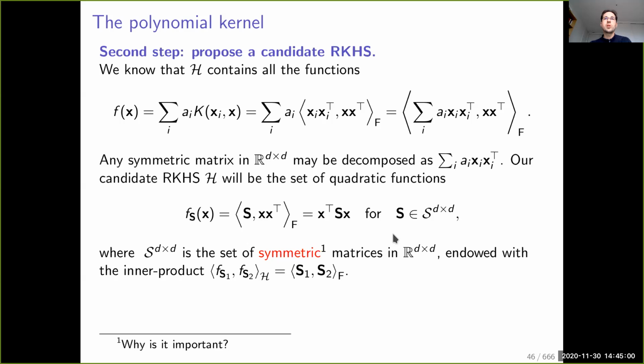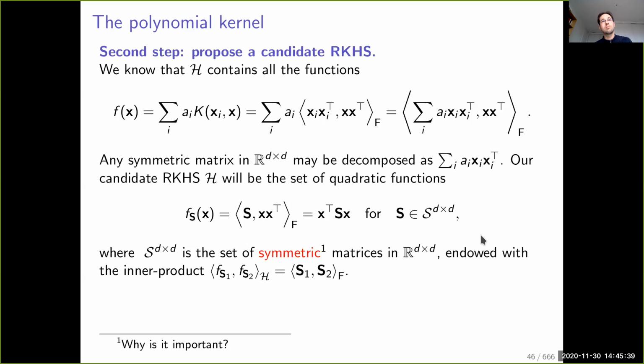So we are going to simply propose some Hilbert space, which is the set of functions of this form parameterized by the set of symmetric matrices. This is indeed a Hilbert space. It's pretty easy to see when you choose the following inner product: if you consider two functions in this set, f_S1 and f_S2, you simply consider the Frobenius inner product between S1 and S2.